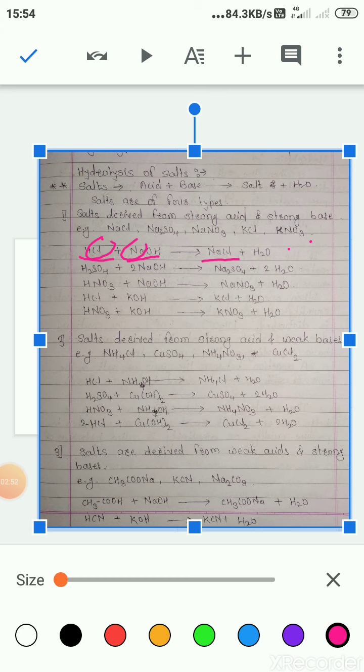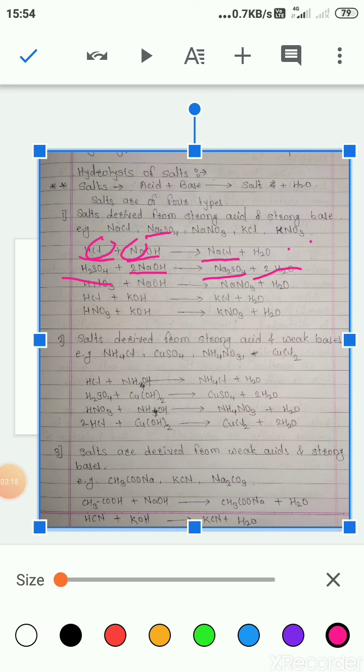Second example is Na2SO4, that is sodium sulfate. Now see, H2SO4, sulfuric acid, plus sodium hydroxide. Here we have to take 2 moles of sodium hydroxide. It will produce sodium sulfate, Na2SO4, with 2 moles of water.